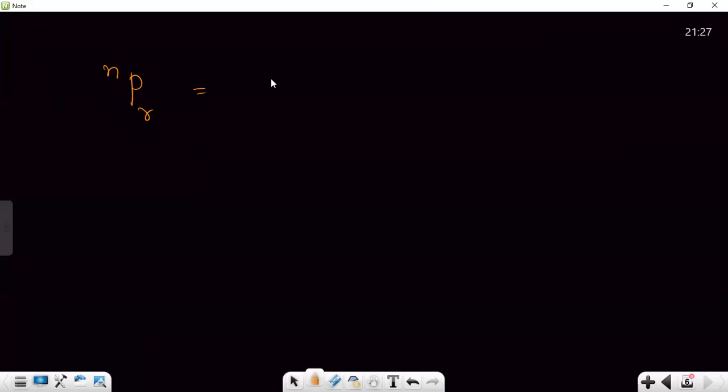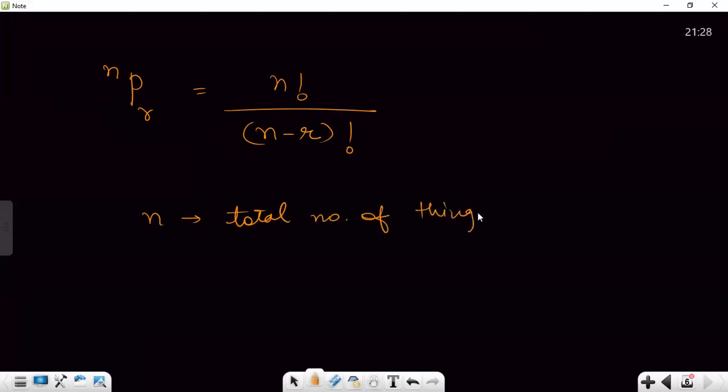Its formula is n factorial divided by n minus r factorial, where n is the total number of elements or things, and r is the number of things or elements to be arranged.